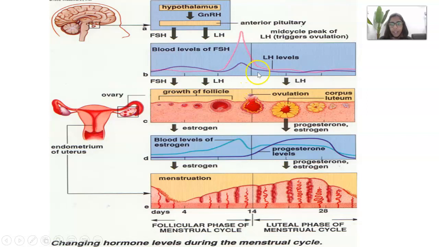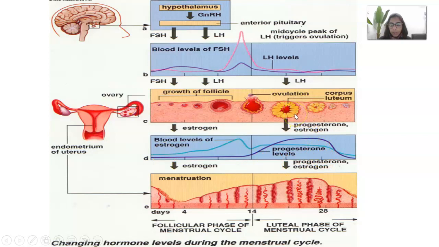After ovulation, we enter the luteal phase of the cycle. And during the luteal phase, you can see that FSH and LH concentrations remain quite low. However, we have the formation of the corpus luteum, and as the corpus luteum is formed, there is a significant rise in the concentration of progesterone, which is shown by this dark purple line here, but also estrogen levels remain quite high, whereas in the first part of the cycle, the follicular phase, they were quite low.